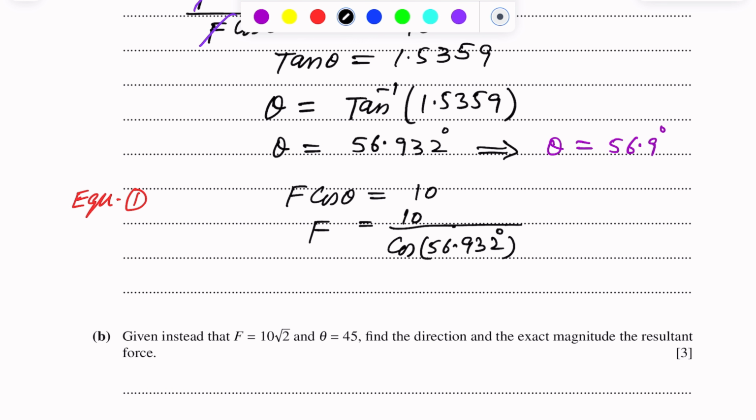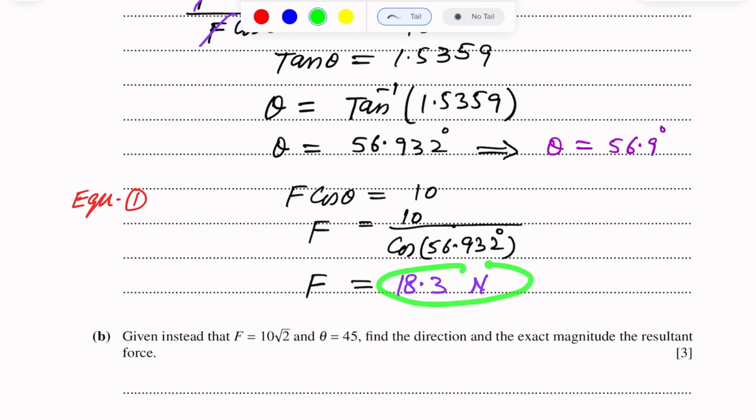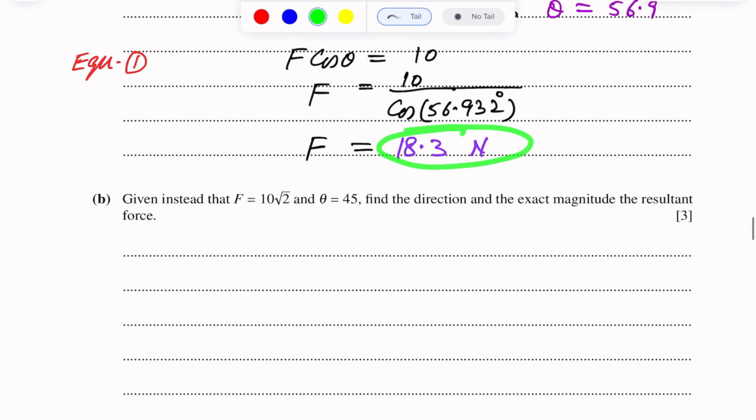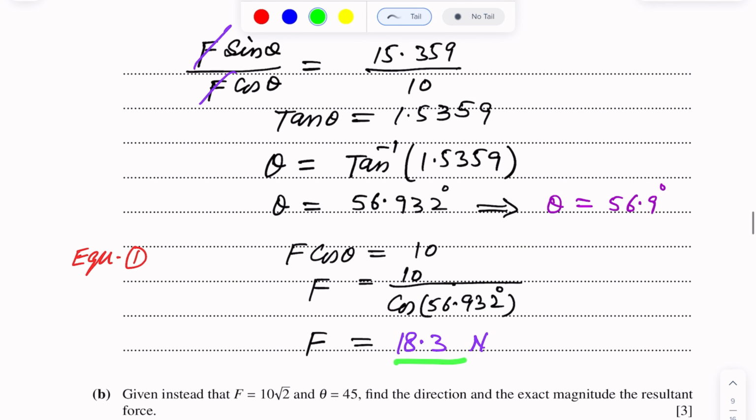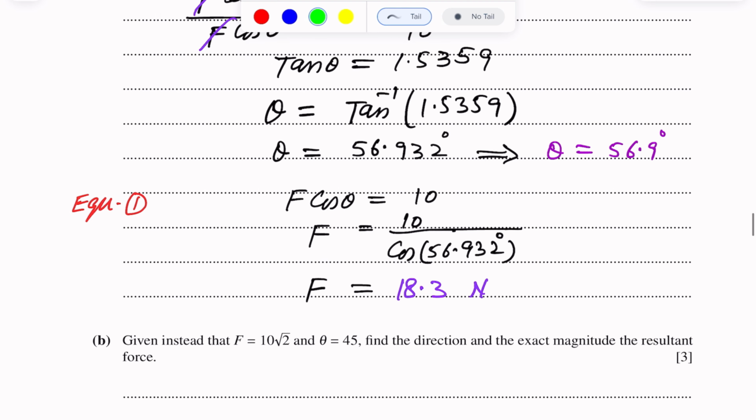So after calculating, we get the value of F is equal to 18.3 Newton. This is the answer to three significant figures. 18.3 Newton is the value of F and the value of theta is 56.9 degrees.